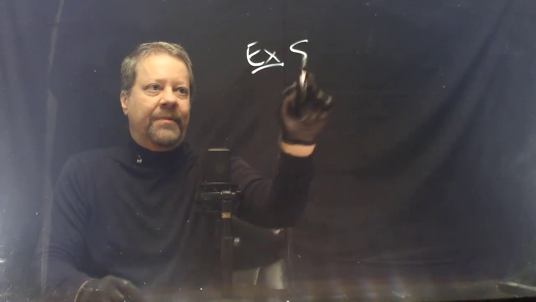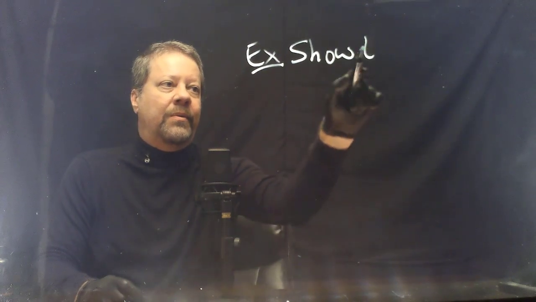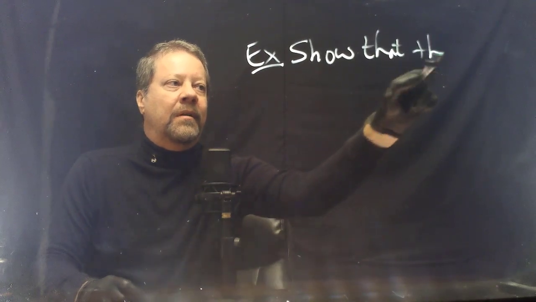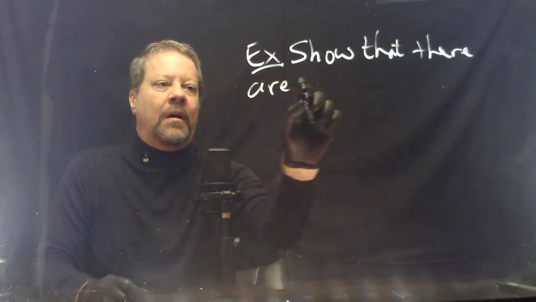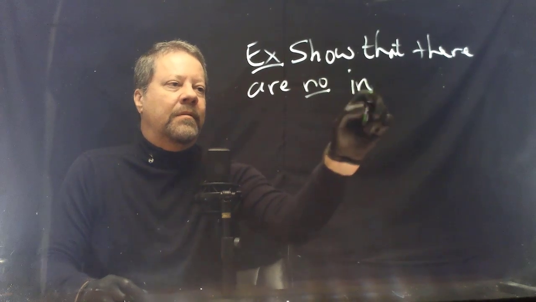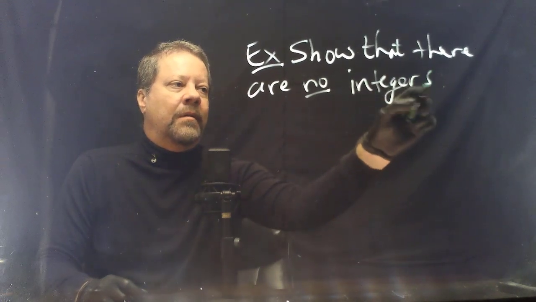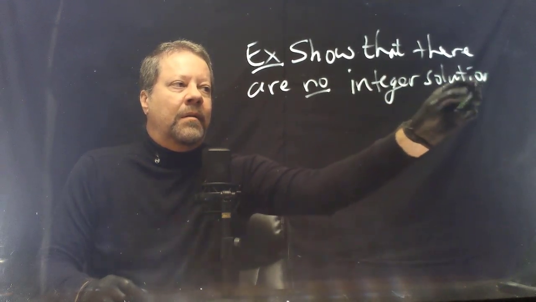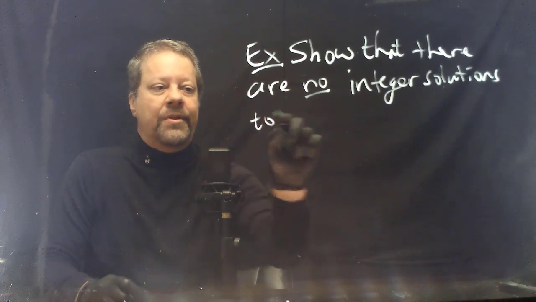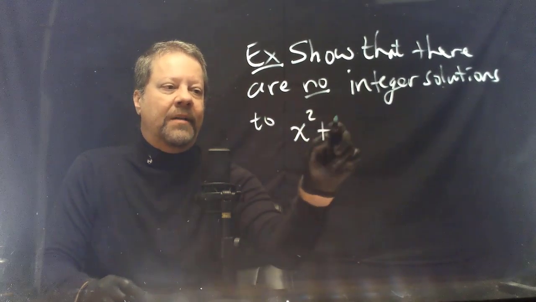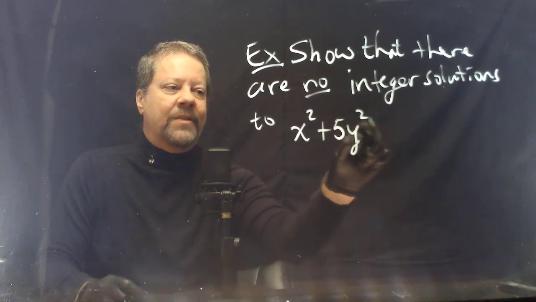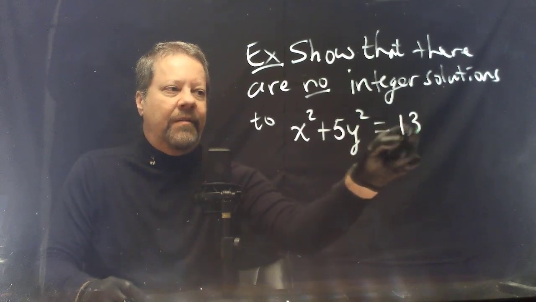As another example, let's show there are no integer solutions to x squared plus 5y squared equals 13.